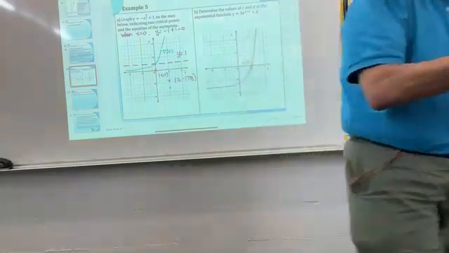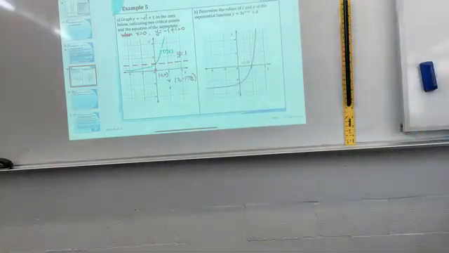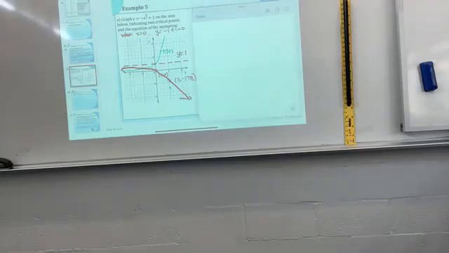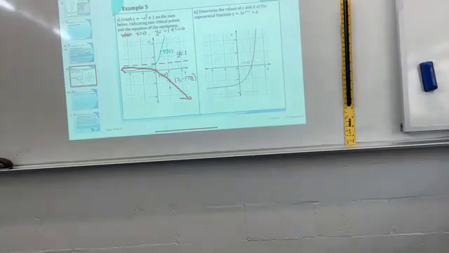So the whole thing will look like this, if I can draw it properly, freehand. So that is y equals minus e to the power of x over 2, plus 1.